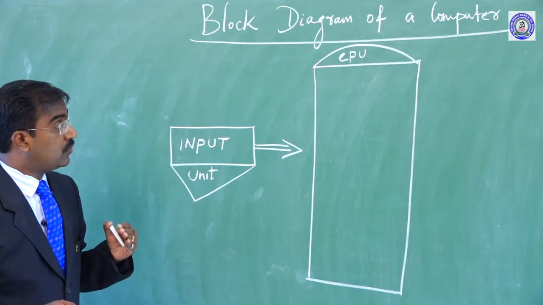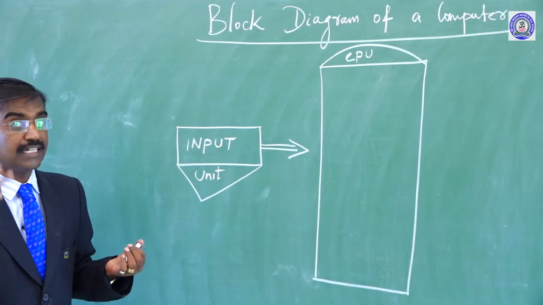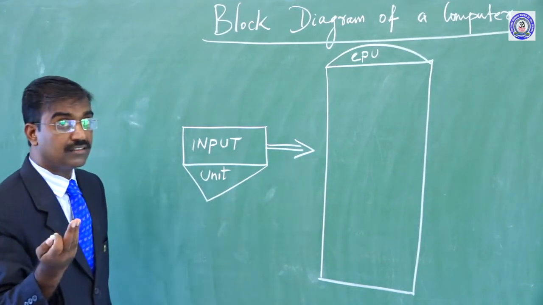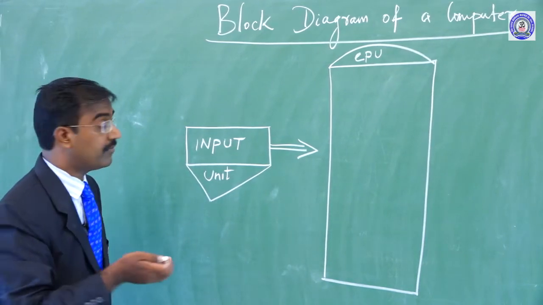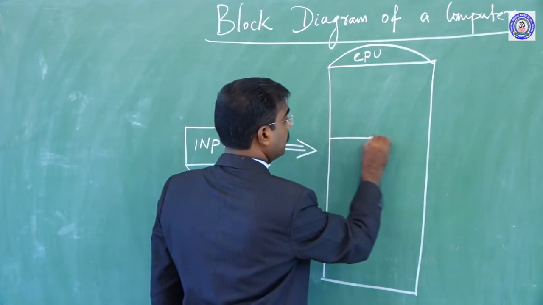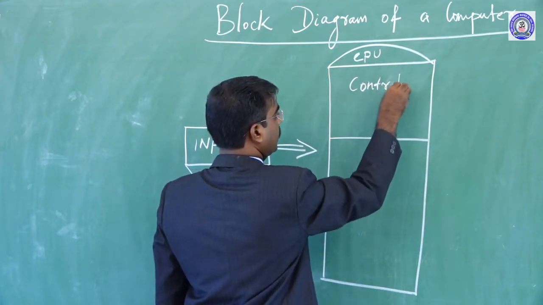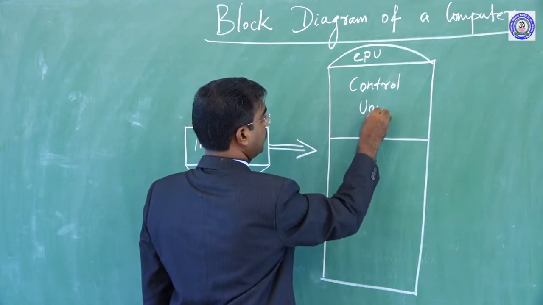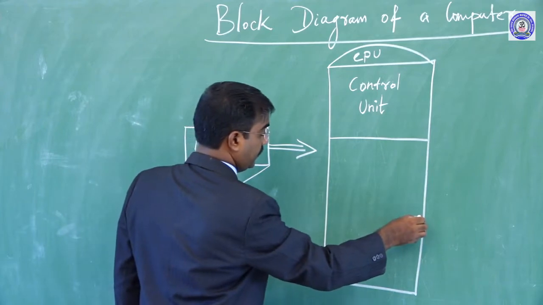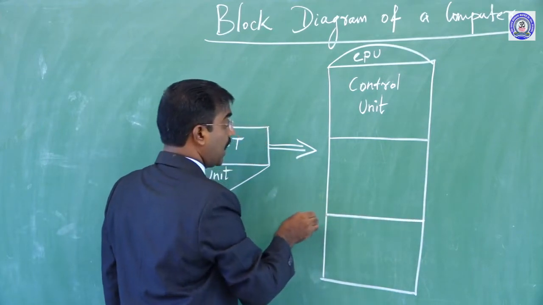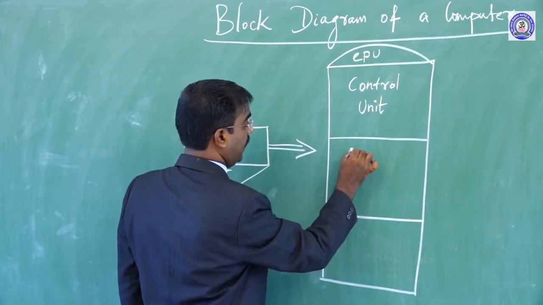The CPU can be classified into three categories. What they are, I will tell you, my dear children, listen clearly. The first one is the control unit. The second one is the arithmetic and logic unit, simply called ALU.